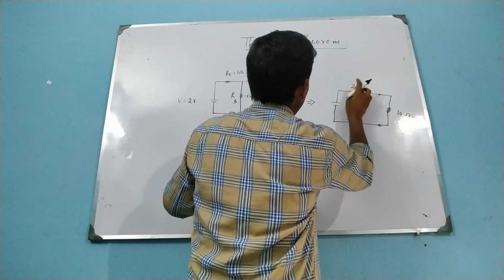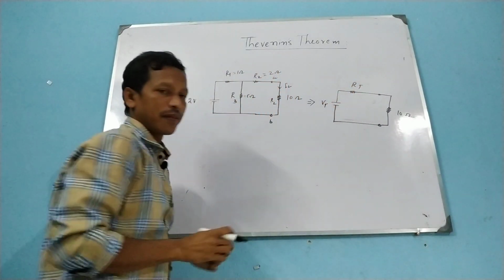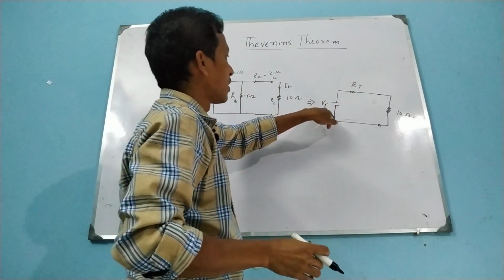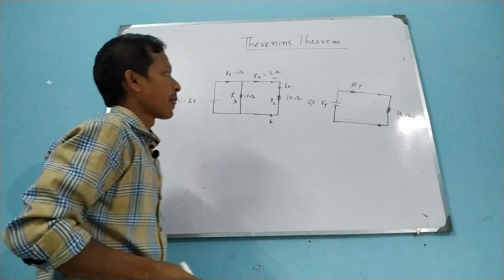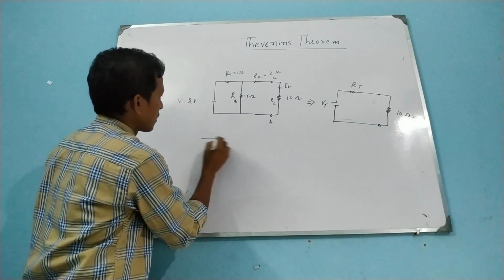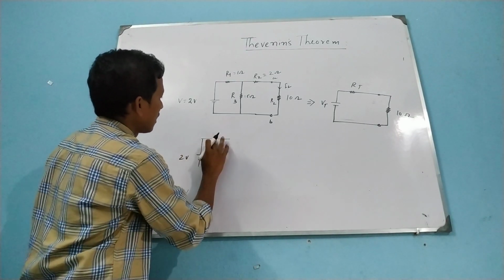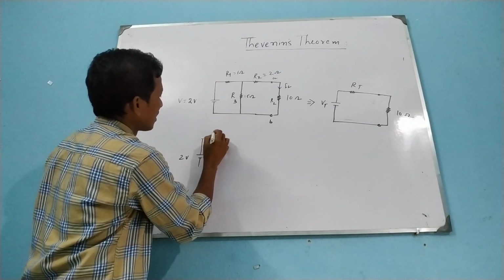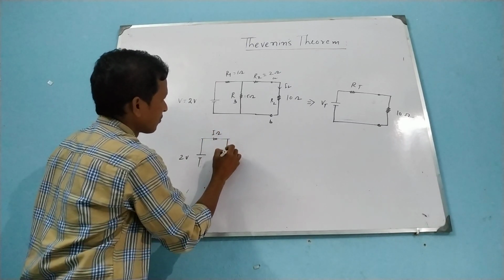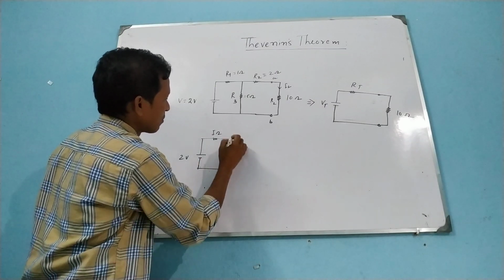I don't know the values of Thevenin's resistance and Vt. I will calculate the values of Vt and RT. What will be the value of Vt? For the calculation of Vt, let's see the circuit diagram. This is the circuit diagram. This is 1 ohm, 5 ohm.